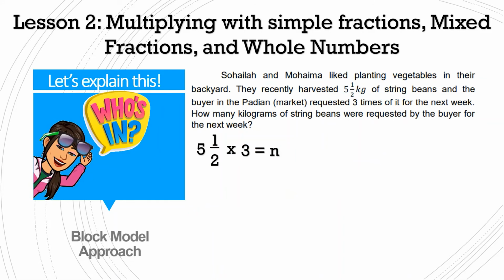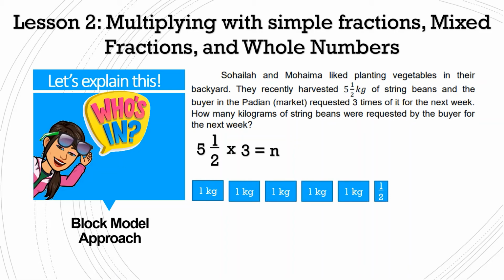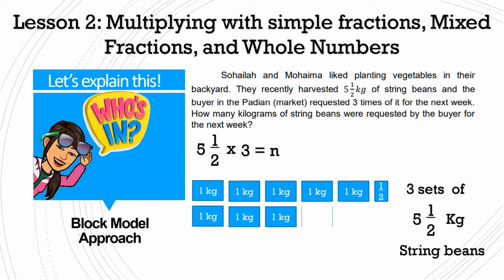Now let me show you how it would look with the block model approach. You will have here 5 1/2 kilograms. It would look like this. But remember that it should be 3 times because the request was 3 sets of 5 1/2 kilograms of string beans. So it would look like this.